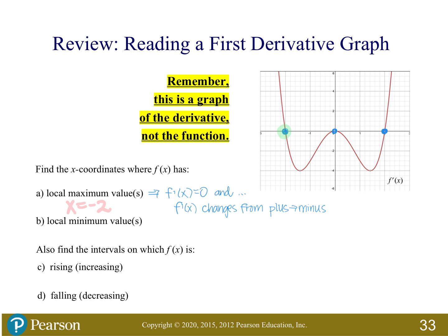Now we want a local minimum value. The definition of a local minimum is when f prime of x equals 0 and f prime changes from minus to plus.